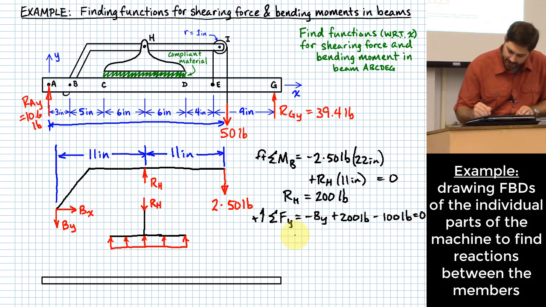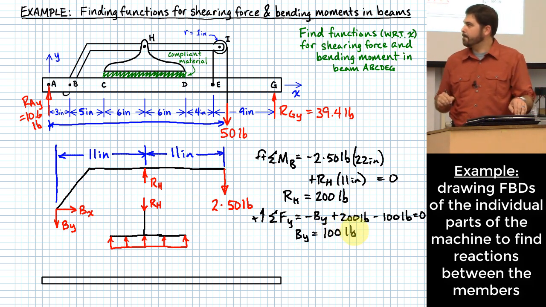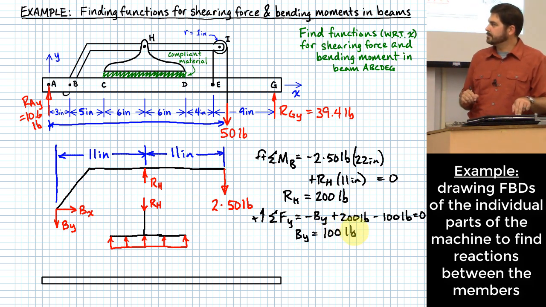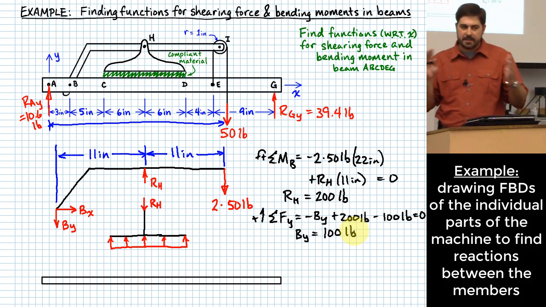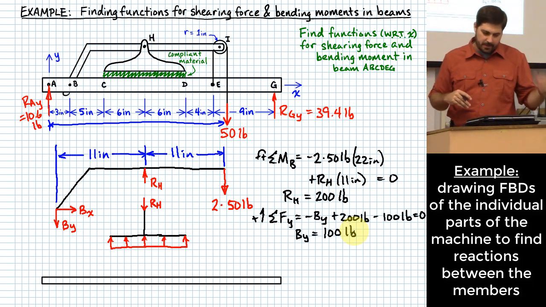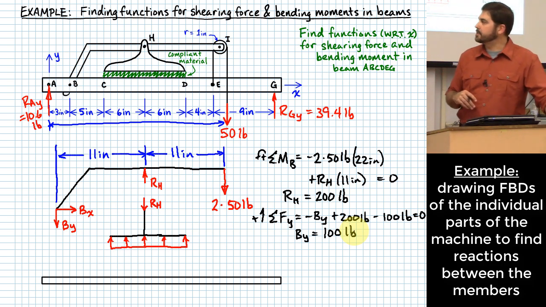So what's By? Okay? Now what about Bx? Okay? As long as I'm assuming that that compliant material isn't reacting anything in the horizontal direction, then we can easily just say, let's say Bx is also 0.